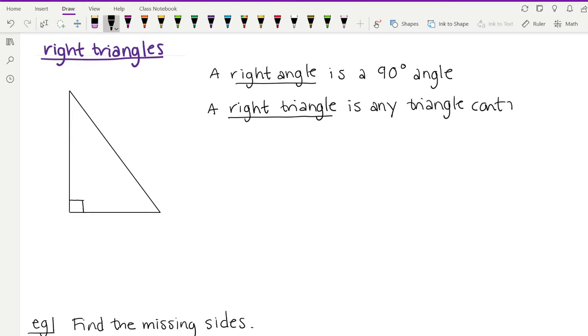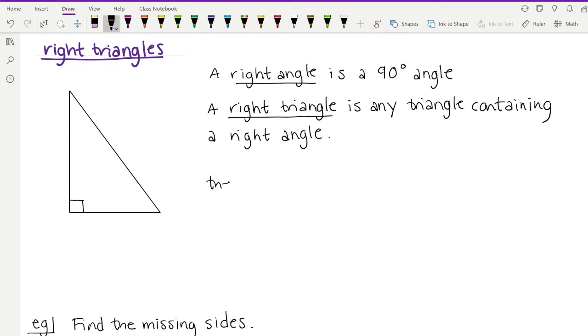So the nice thing about right triangles, there's a lot of nice things about them, but the main thing we're going to focus on in this video is something called the Pythagorean theorem. You should have probably talked about this in your pre-calculus class, but basically the Pythagorean theorem is an equation that relates the sides of any right triangle.